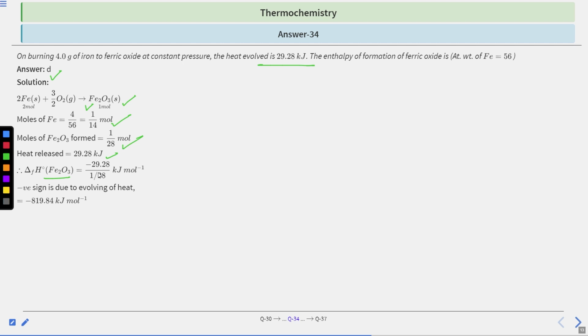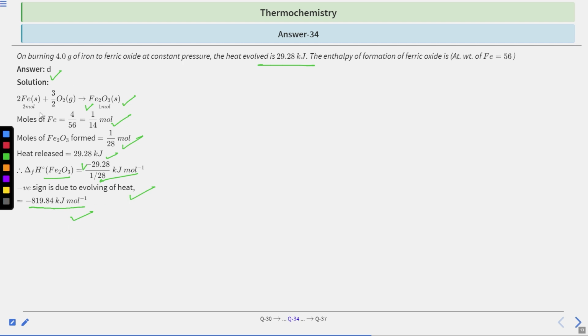The negative sign is coming because the given energy is positive, but we have to consider the negative sign for the enthalpy of formation due to evolution of heat. On solving this, it comes out as minus 819.84 kilojoule per mole. This is the enthalpy of formation for the ferric oxide molecule.